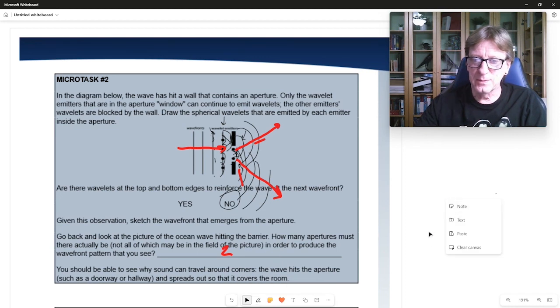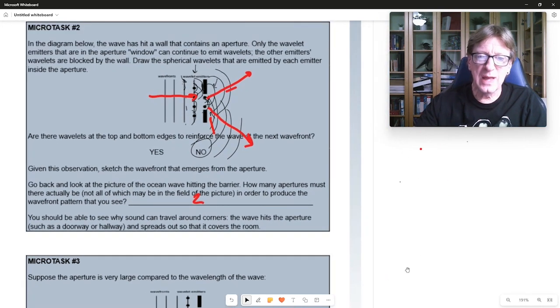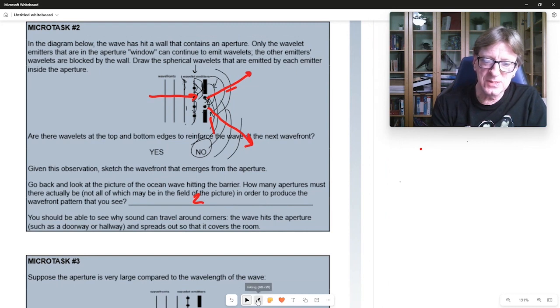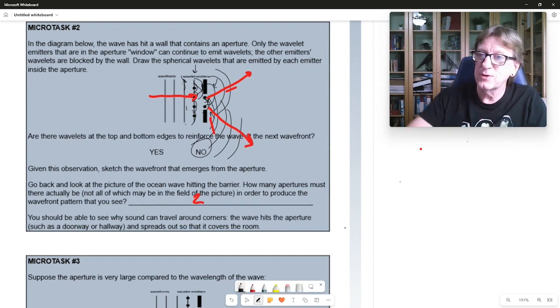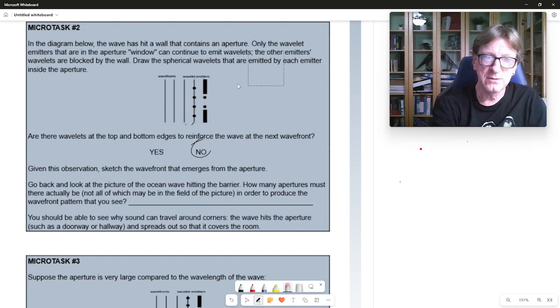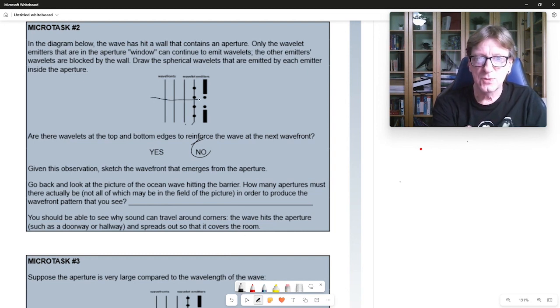So as sound then, this is why you can hear sound around a corner. Let's get rid of some of our drawings here so that we can see what's going on. We're just going to draw the ray line, the line that's perpendicular to the wavefront coming through here. So let's say that I've got a sound wave that's coming right here.